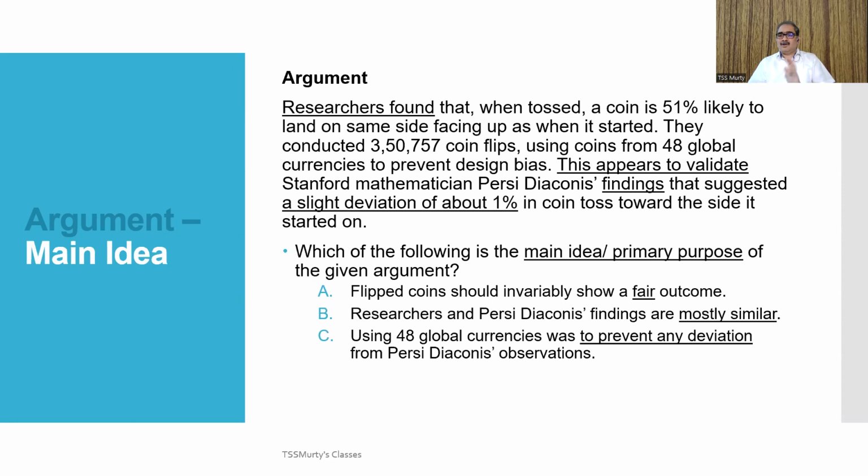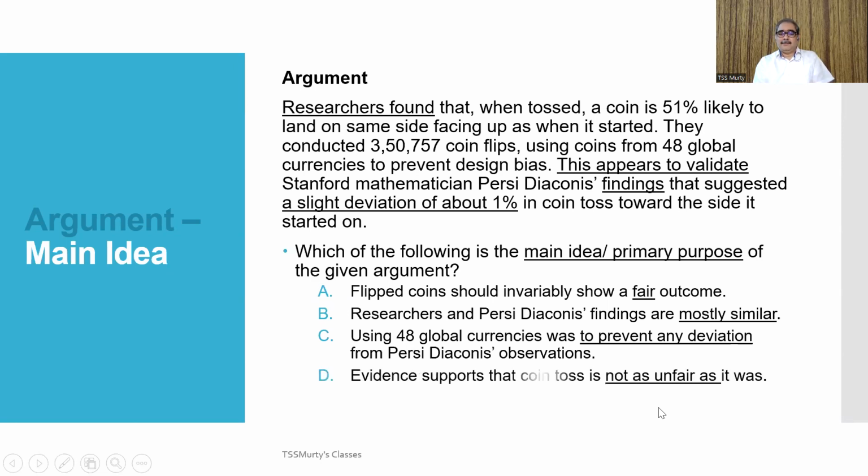I think they did not try that, but it appeared to be close to it. So using 48 global currencies was to prevent any deviation. They were not trying to prove his findings and whether they can find the same things or not. So C is a deviation. It is not the focus, or rather the main idea of the argument.